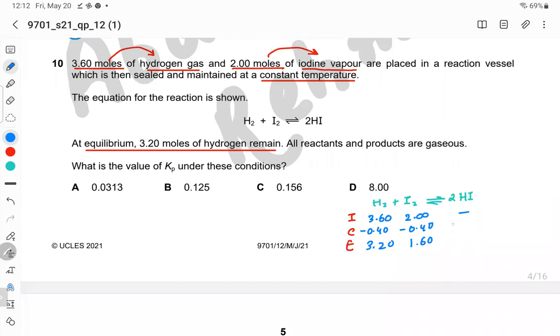Now, the mole ratio is 1 to 2. It means there must be a positive 2 times 0.40 change in the moles of hydrogen iodide, which makes it 0.80. Is this clear to everyone?